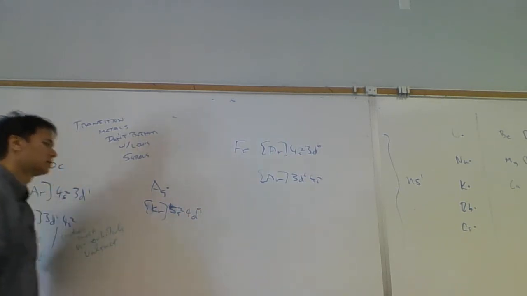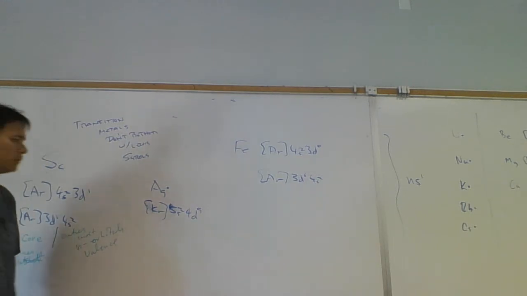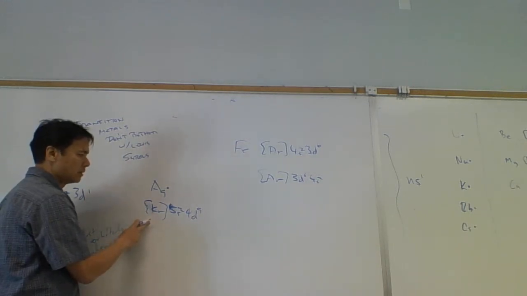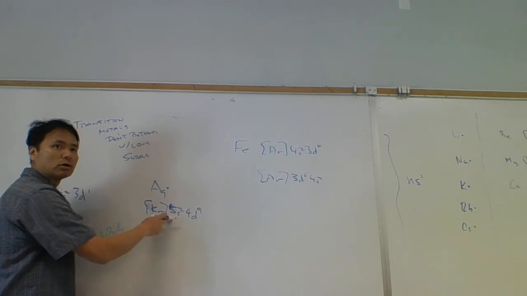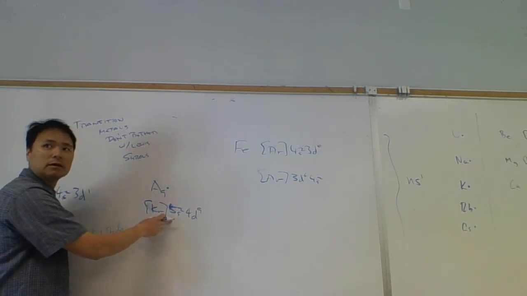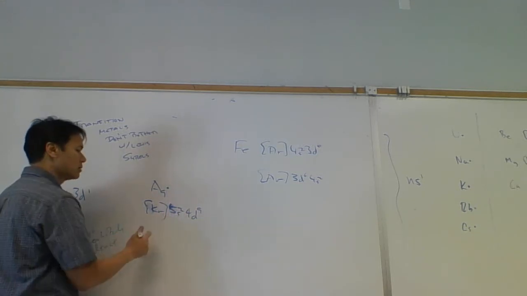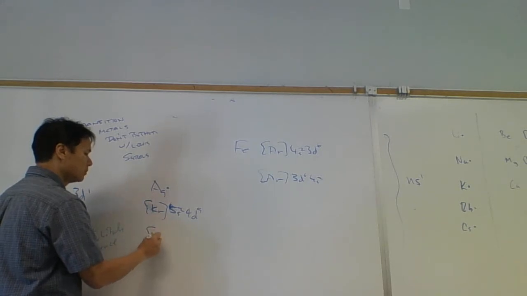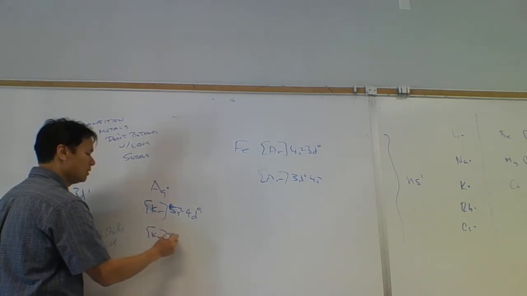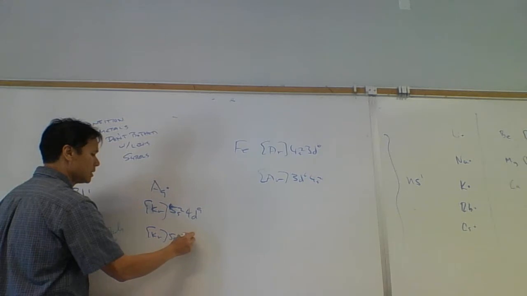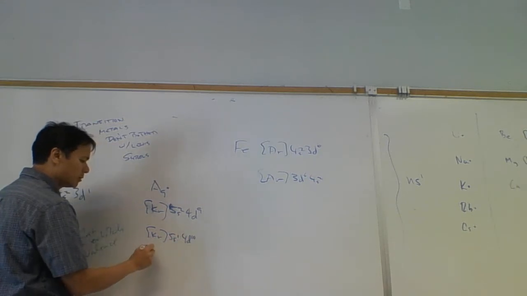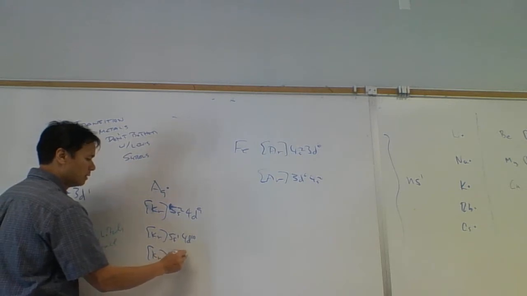Well, one thing we know about silver is this: it's one electron short from a filled D. One electron short from a filled D means we'll go krypton 5s1, 4d10. And then we're going to rearrange that order. It's going to go krypton 4d10, 5s1.